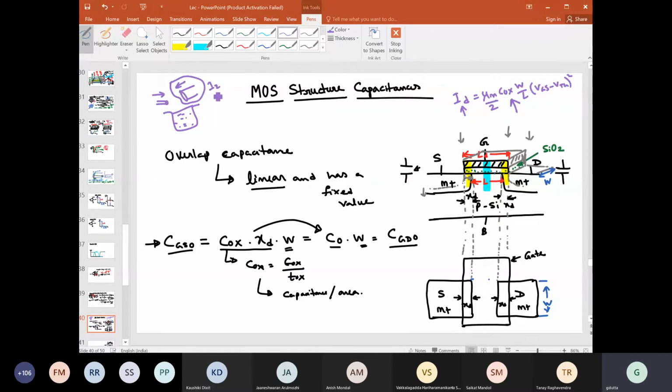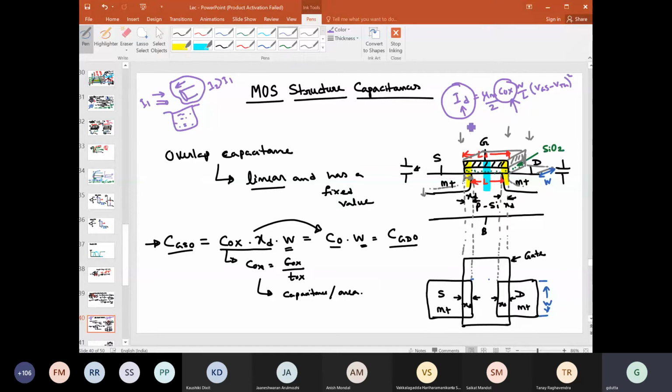Suppose I say I1 and I2, then I2 is greater than I1. In that case, you will need less time to fill the capacitor, meaning to get the output capacitor completely charged. That way you can reduce the propagation delay. So to reduce the propagation delay, you have to have higher ID. For that, you should have a higher Cox.